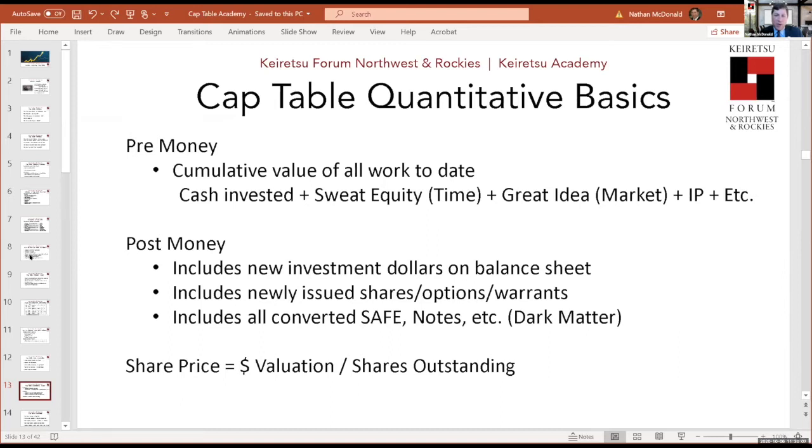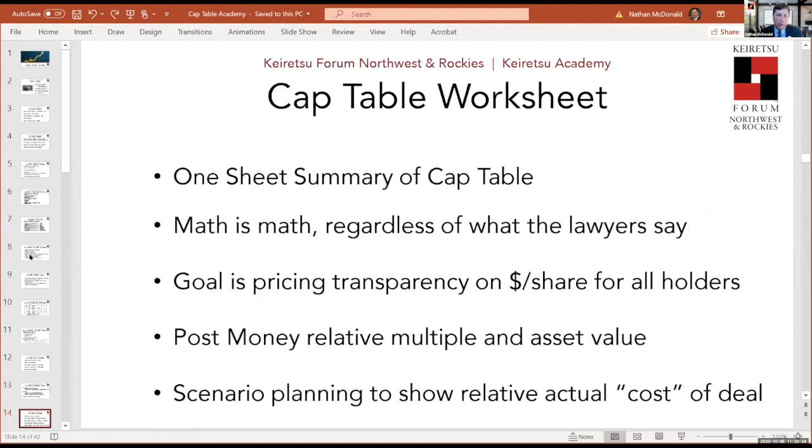These are SAFE notes, convertible notes, and other types of convertible securities, which also convert along with the new money to, in some cases, dramatically increase the post money of the company. And so this is a lot of what we look at in due diligence to make sure we have the math properly calculated so that we can calculate exactly what our ownership is going to be, and then look at what the convertible instruments are going to be and look at what we're going to end up at.